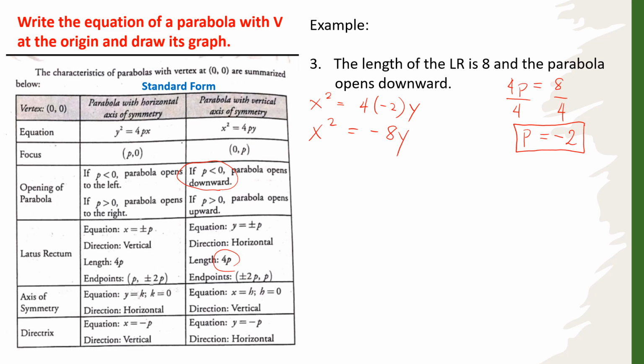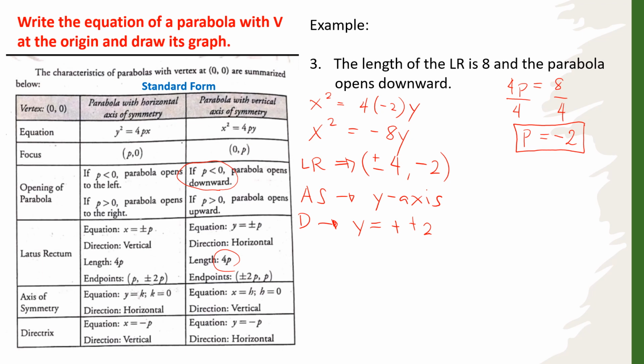For the ends of the latus rectum, we have these coordinates plus minus 2p, so that is 4, and then p, negative 2. For the axis of symmetry, that is the y-axis. And then for the directrix, it's y equals negative p. So negative is positive 2.